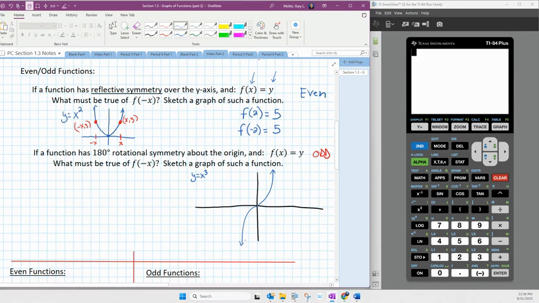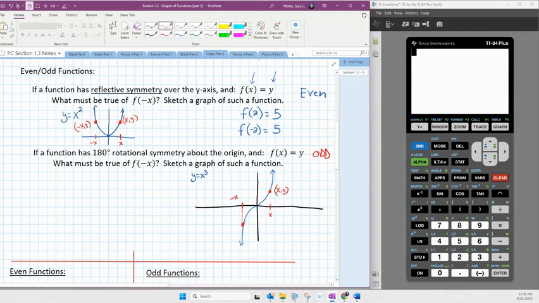So what is it talking about? If I plug in an x value, let's say here, I get this y value. What happens when I plug in the opposite of this x value? Well, that's going to put me on the other side, right? Not to scale. And then what is the answer going to be right here?